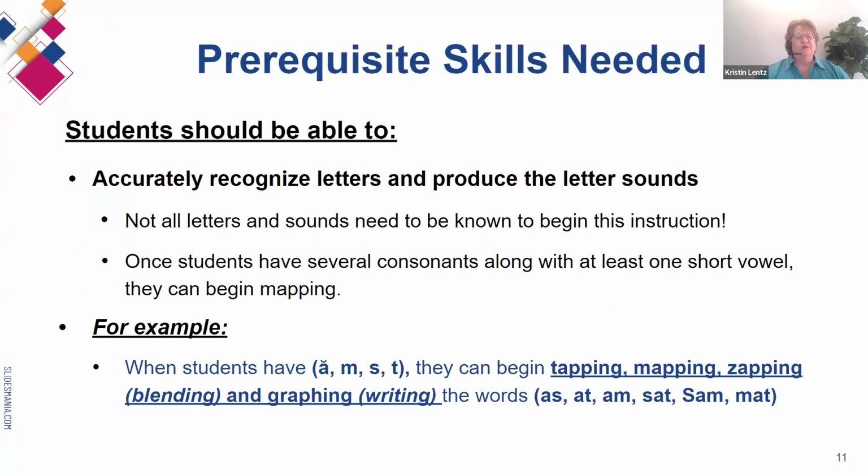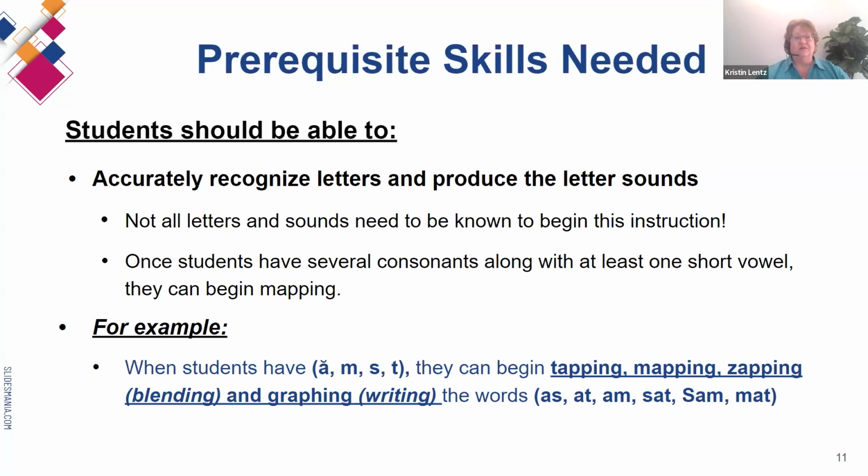So your students do need a couple of prerequisite skills to be able to work with phoneme-grapheme mapping. They need to be able to accurately recognize letters and produce letter sounds. Now, that said, students don't need to learn all of the letters or all of the letter sounds in order to start phoneme-grapheme mapping.